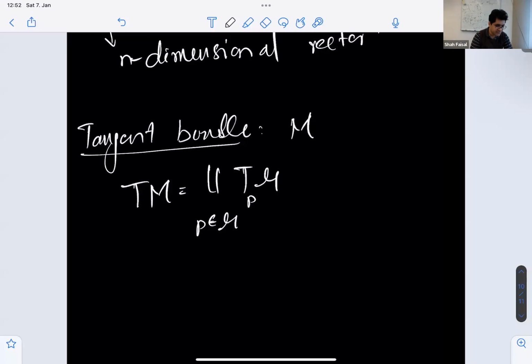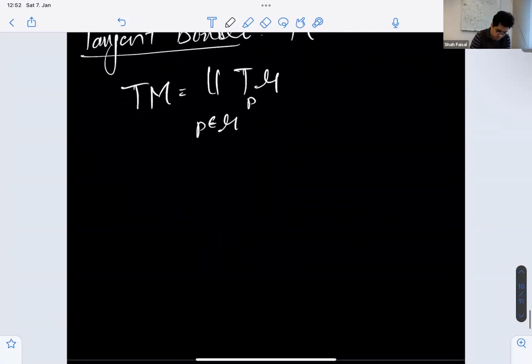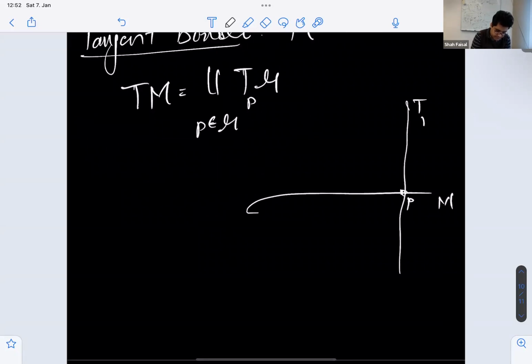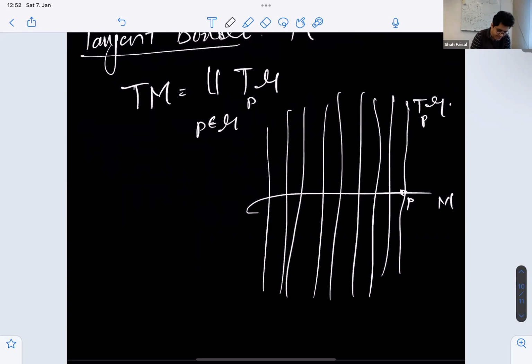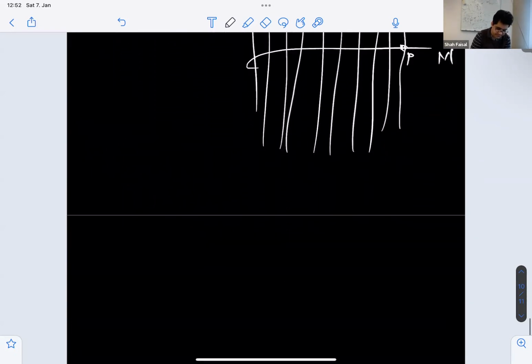It's called a tangent bundle because it's a bundle of tangent spaces. You can somehow draw this space. If this is your manifold M and you have a point P, then your tangent space looks like this. That would be the tangent bundle, a bundle of tangent spaces.